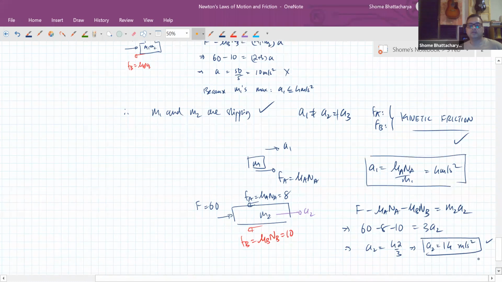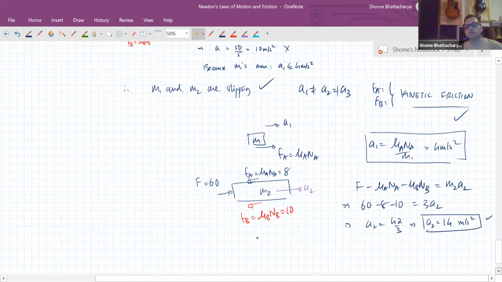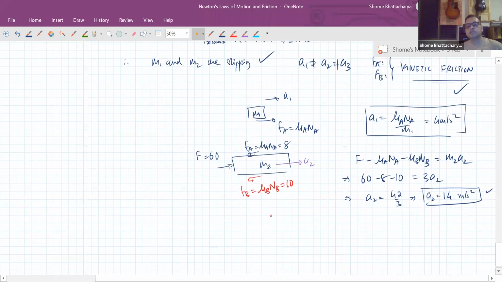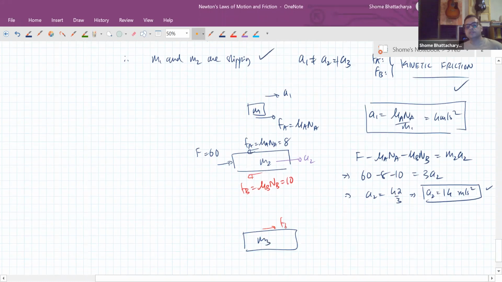And now the third block, this has frictional force equal to its kinetic value, limiting value. Okay. So this will have an acceleration A3, which we know is going to be 1 meter per second square.